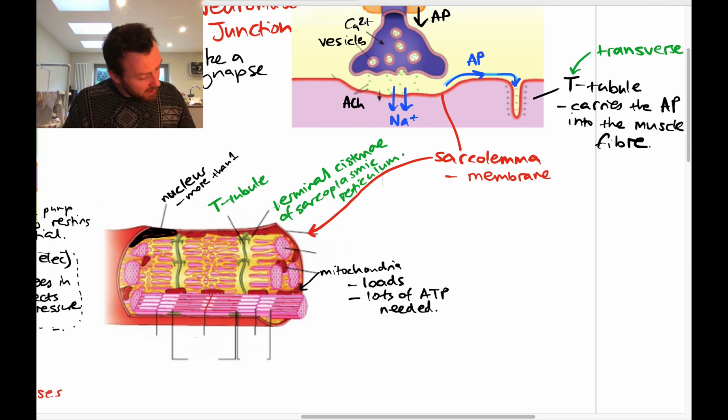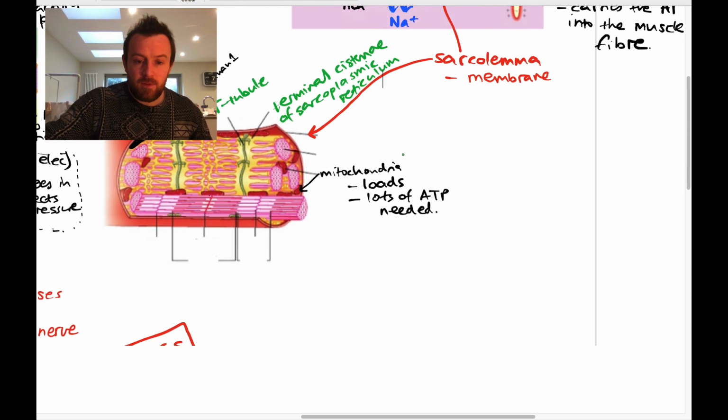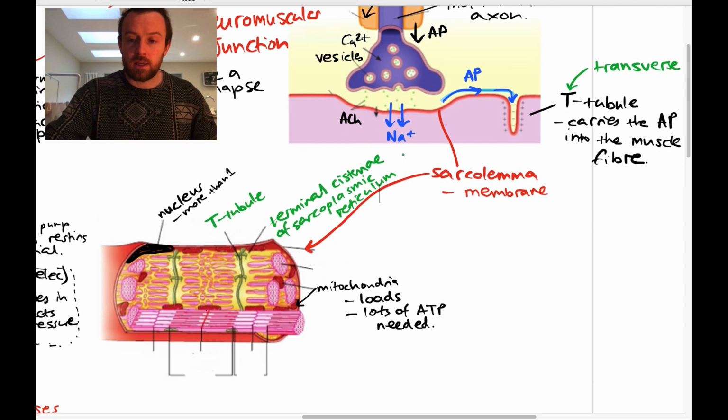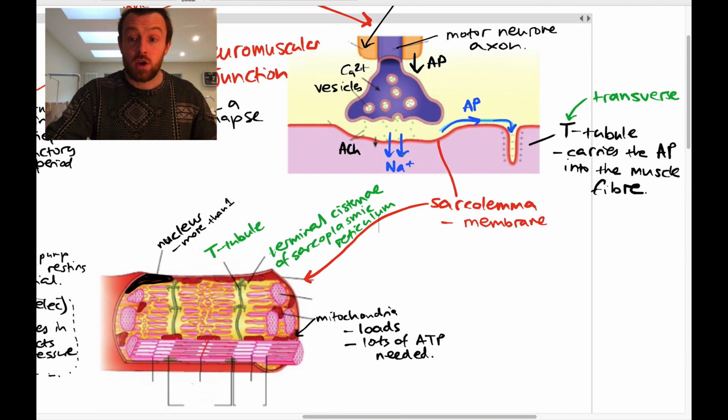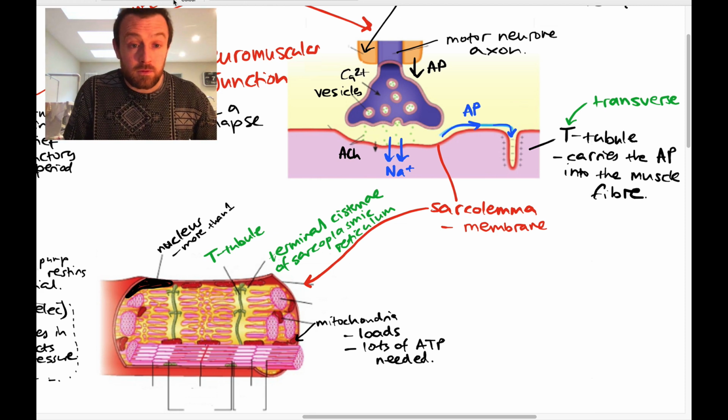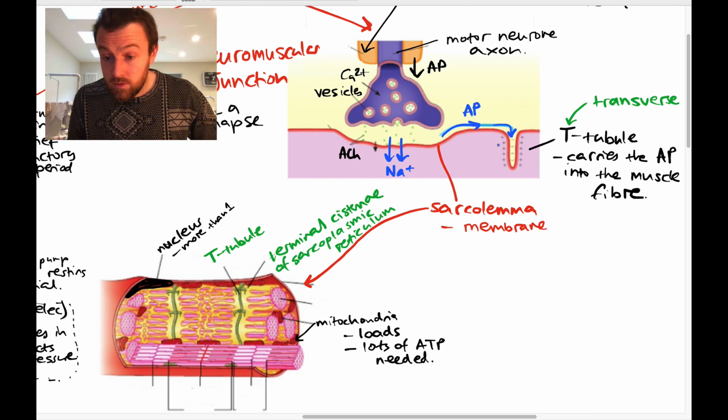What else do we need to look at? Okay, so how does this trigger muscle contraction? When the AP moves down here, how does it trigger contraction?